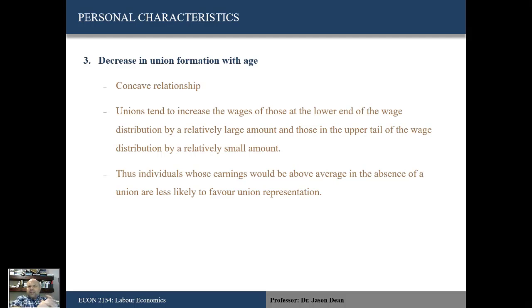If you think about it, unions tend to increase the wages of those on the lower end of the wage distribution by a relatively large amount, and those in the upper tail of the wage distribution by a relatively smaller amount. So individuals whose earnings would be above average in the absence of a union are less likely to favor union representation. And a related issue is that low-paying workers tend to be more interested in union formation. There tends to be more gains for them to be had.